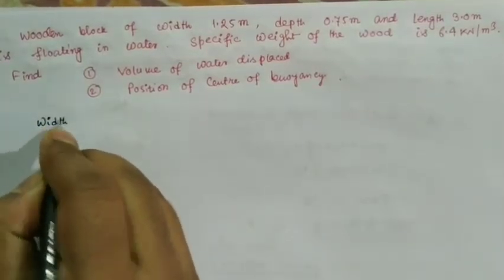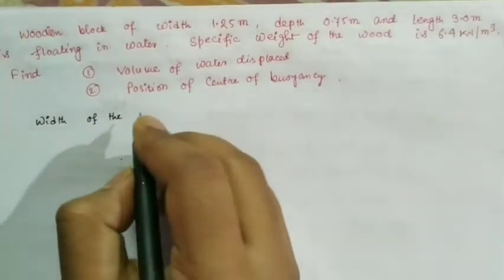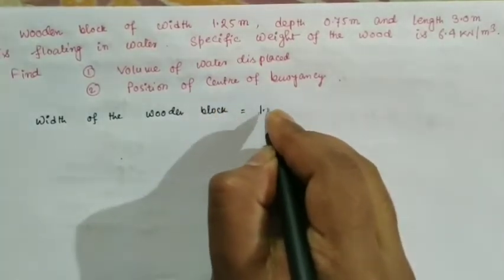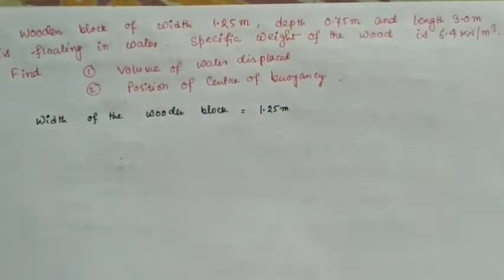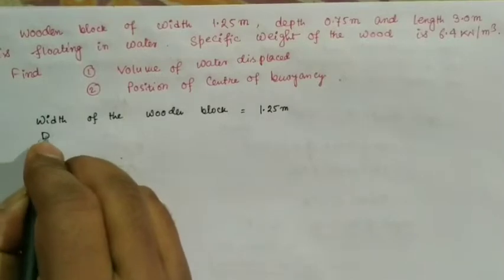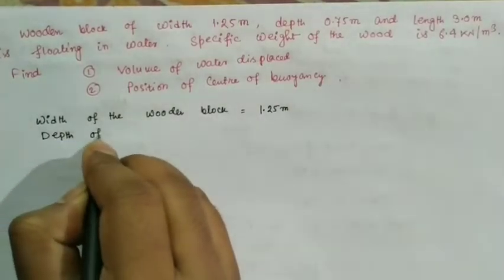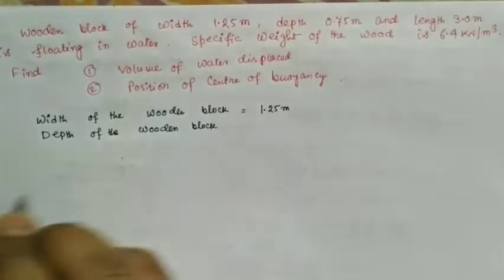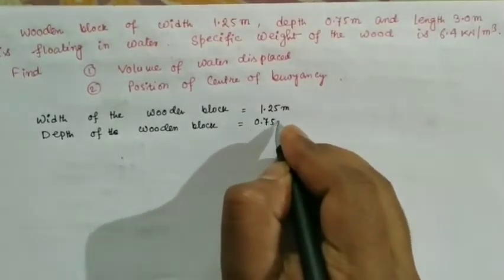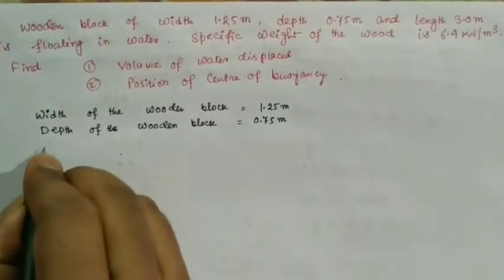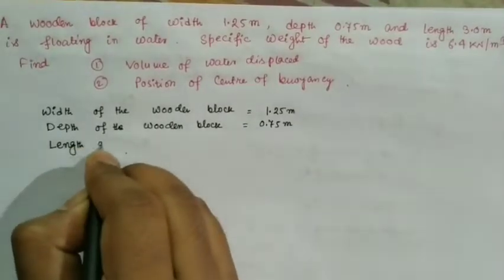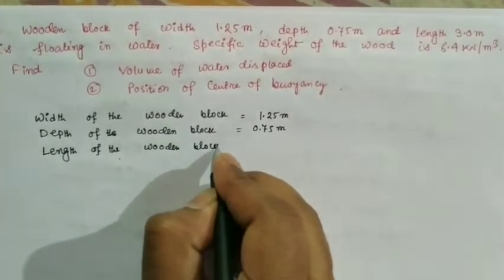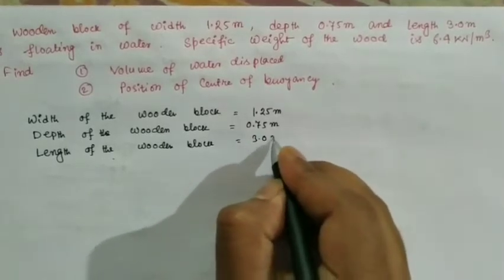Width of the wooden block is 1.25 meter, and depth is also given, 0.75 meter, and length of the wooden block is 3 meter.